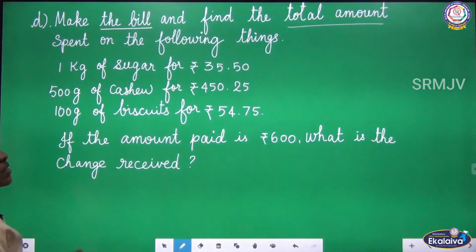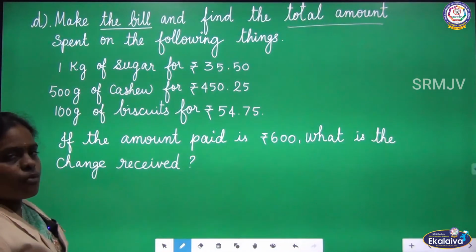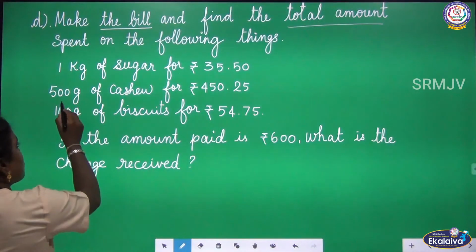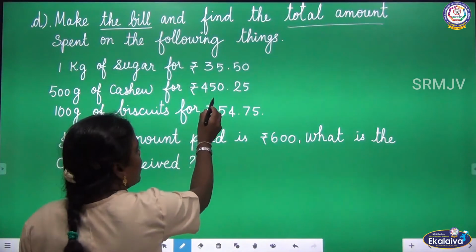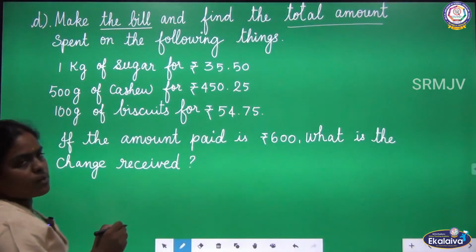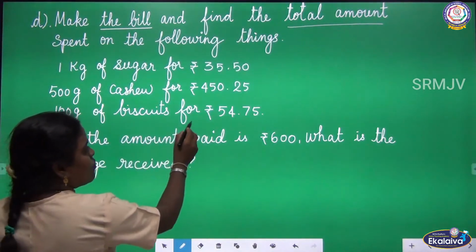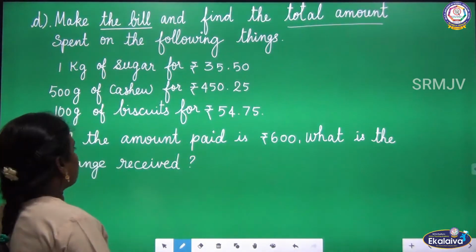Here look at the list of things. 1 kilogram of sugar for 35 rupees and 50 paise. 500 gram of cashew for 450 rupees and 25 paise. 100 gram of biscuits for 54 rupees and 75 paise.